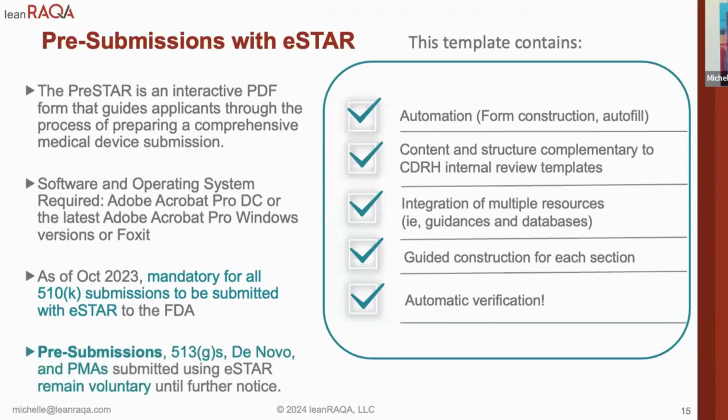And right now, pre-submissions, 513(g)s, De Novos, and PMAs are still voluntary under eSTAR, but I anticipate pre-submissions are going to be the next that are required in the eSTAR and Presta template, followed by 513(g)s.